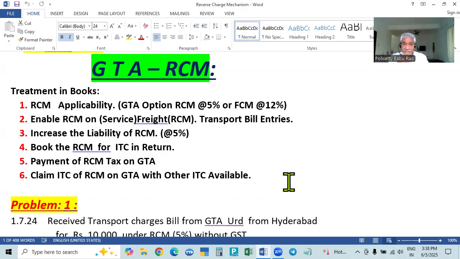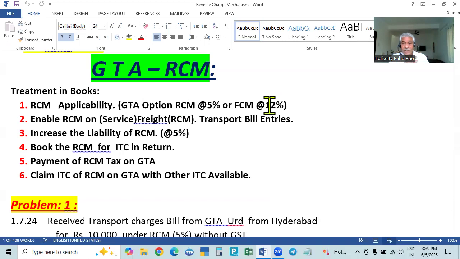The difference we will enter while creating the ledger, you will give the rate. So we have to give the rate separately. For RCM, the rate is 5% you have to give. After the rate, we have to give RCM is applicable, yes. And for this one, the rate we give is 12%. Rate is 12%, taxable 12%, but is RCM applicable? No, we will give.